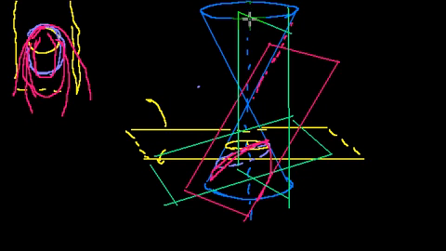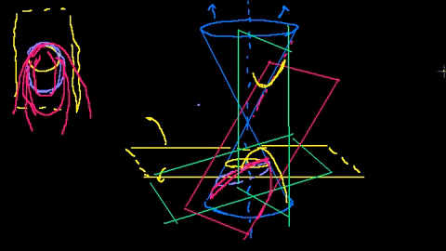I should probably redraw it all, but hopefully you're not getting overwhelmingly confused. The intersection would look like this. It would intersect the bottom cone there, and the top cone over there. This would be the intersection of the plane and the bottom cone, and up here would be the intersection of the plane and the top cone. Remember, this plane goes off in every direction infinitely.